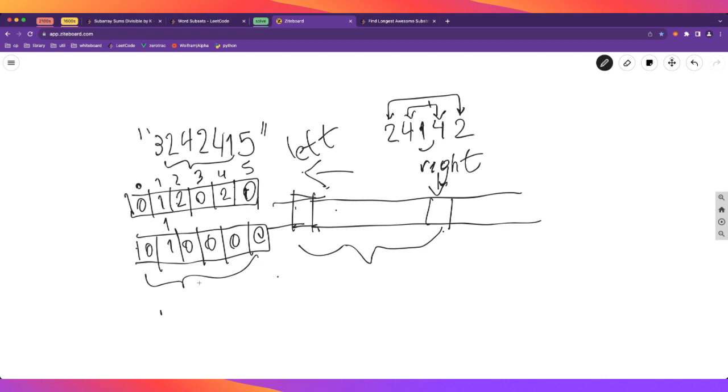We can transform this into just a number with a binary representation.